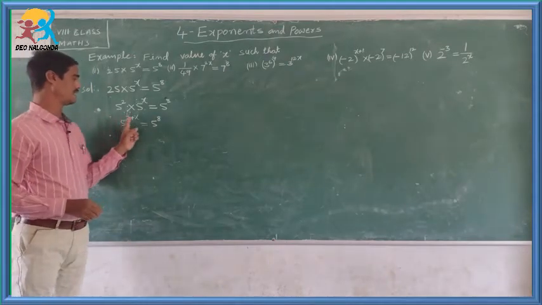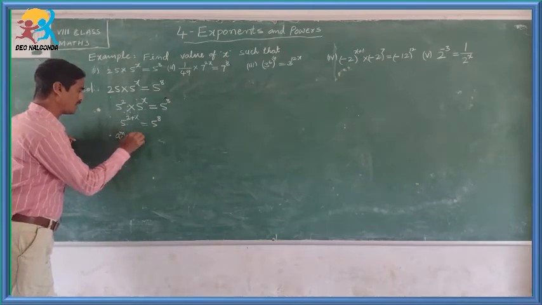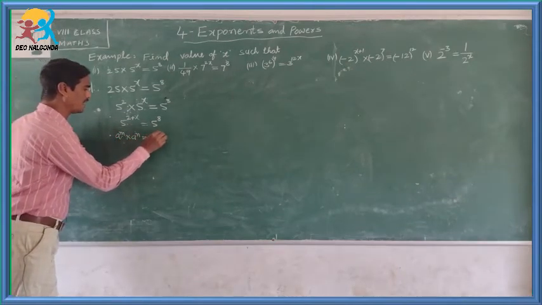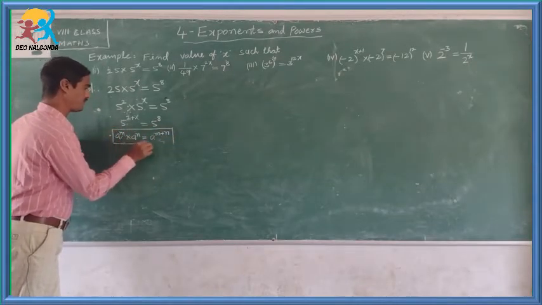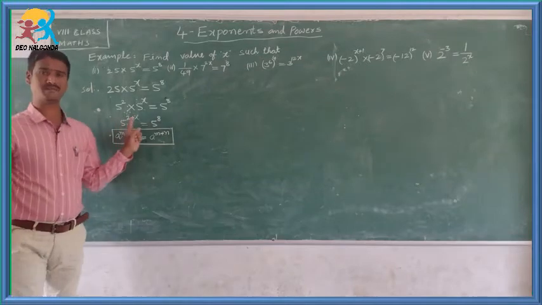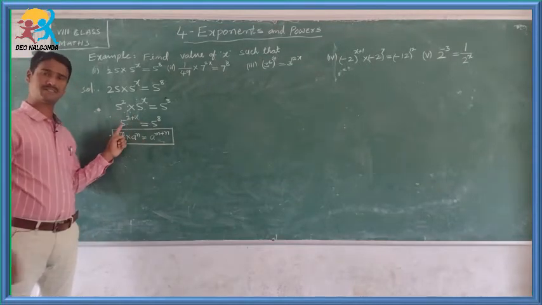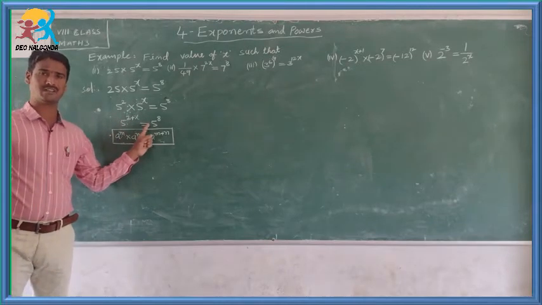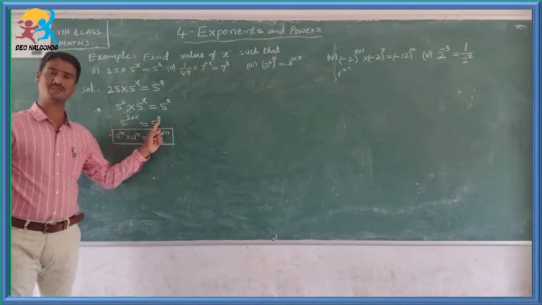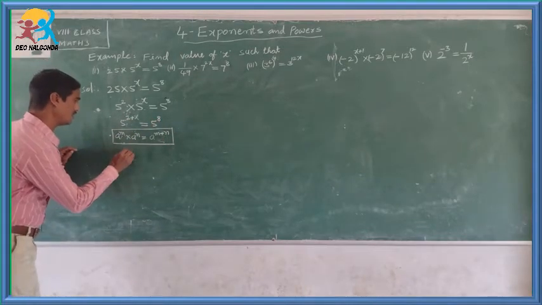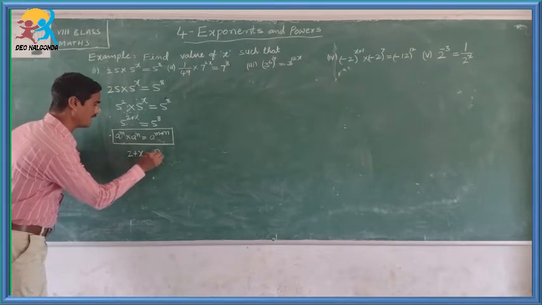So, my dear children, the formula is a power m into a power n equal to a power m plus n. We have used this formula. And if you observe the left side and right side powers, the bases are equal. Here base 5, here also base 5. The exponents should be equal. So 2 plus x is equal to 8.